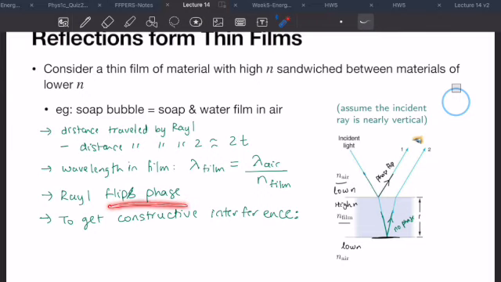So we're already off by half a wavelength because of ray 1, but we need to use the rest of the difference in path to match the second half wavelength.